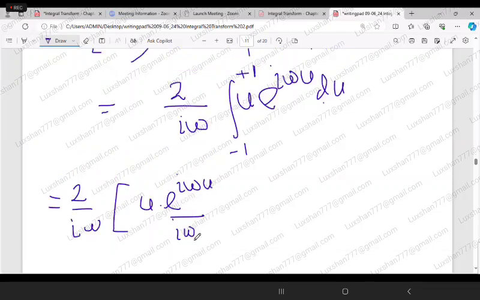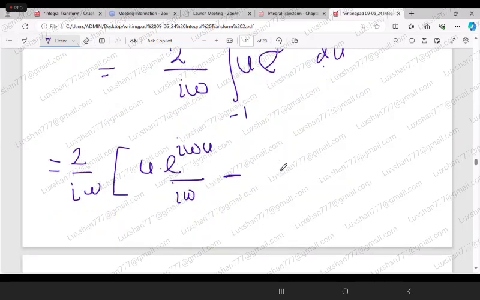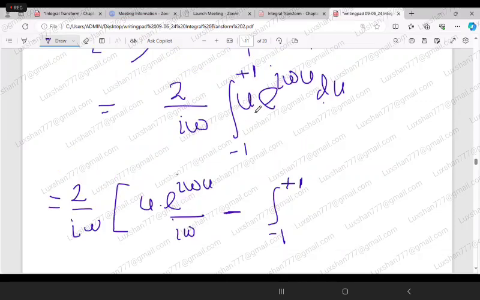So e to the power i omega u over i omega, minus, and if I integrate this one with respect to u, I will get 1. Therefore, I will get the integration from -1 to +1. If I differentiate this one, that is 1. Therefore, I can write e to the power i omega u du. Here I want to substitute the values -1 to +1.